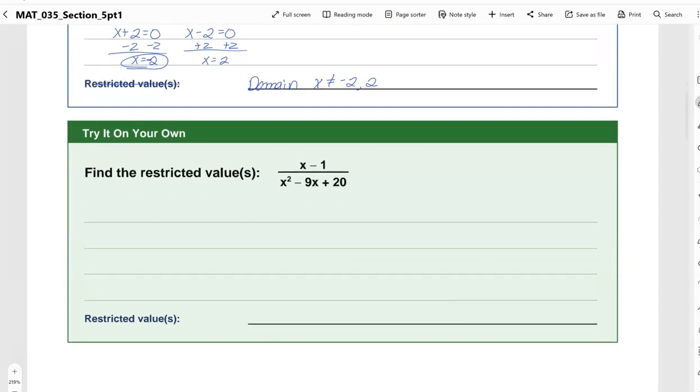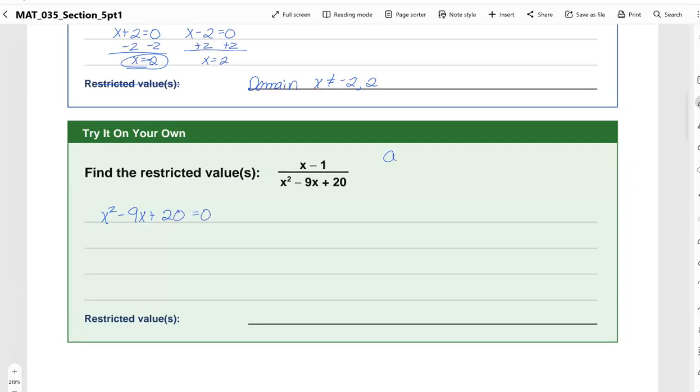This is where you may want to pause the video, try the next one, come back and check your answer. We have x minus 1 over x squared minus 9x plus 20. We want to find restrictions, those issues, where the denominator is equal to 0.